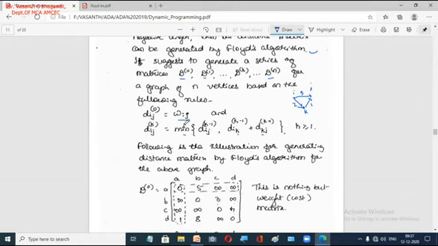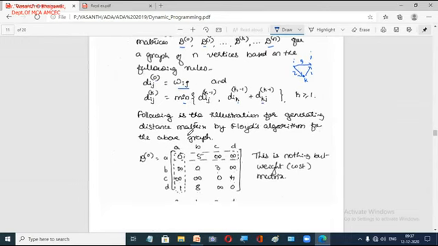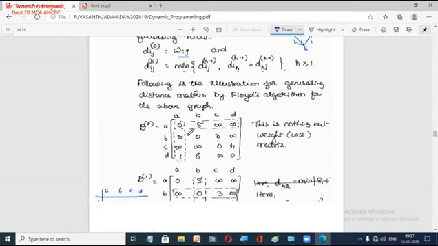So we consider the minimum of 5 and 3. If you go from i to j directly the cost is 5, but via k the cost is 3, which is less, so we select this path into our resultant value. This is how we use the formula to construct the distance matrix.